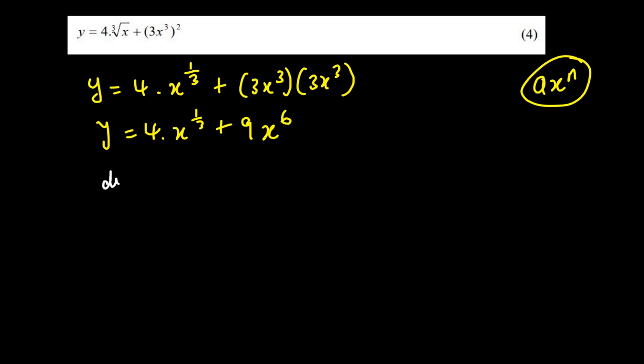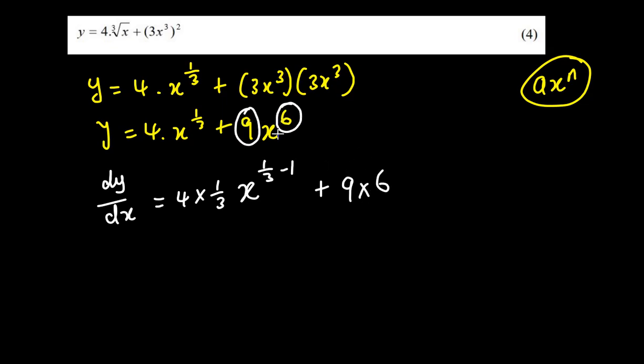So our dy over dx would be 4 times 1 over 3, right? Whatever is here times the exponent, isn't it? Then you say x, then you say the exponent minus 1. Okay, then you say plus 9 multiplied by 6, which is whatever is here times the exponent, right?